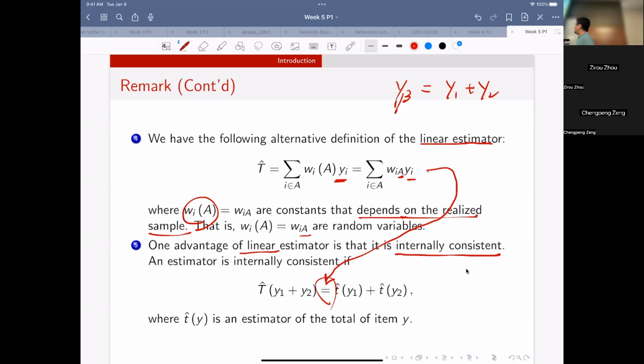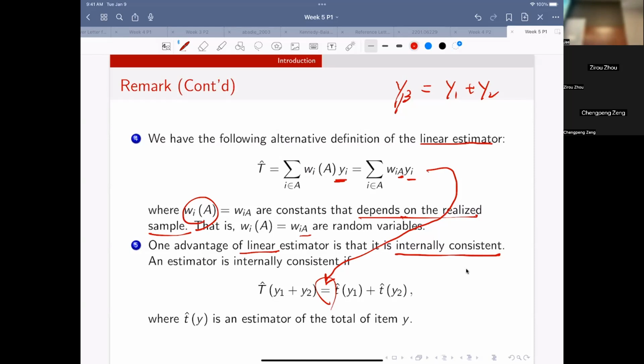If this kind of property does not hold, then the practitioners will hate it, because every time you have to construct one estimator and another estimator, but you cannot really add these two to obtain this, right?